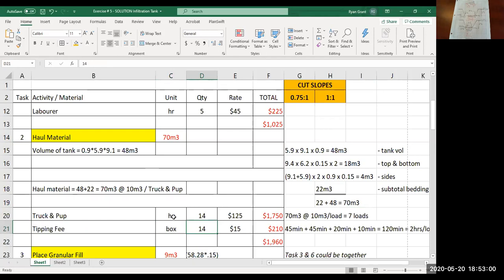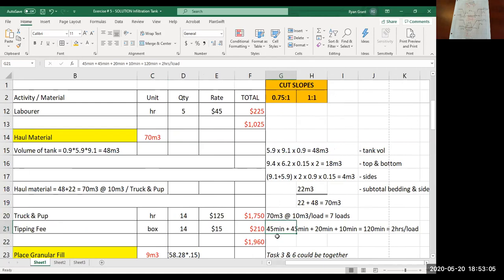Now the hours for the truck and pup. Here's that calculation. We've got 45 minutes hauling to the dump, 45 minutes back, 20 minutes to load, and then an allowance of 10 minutes at the dump site. Add all those together, that gives you 120 minutes, which is of course 2 hours.